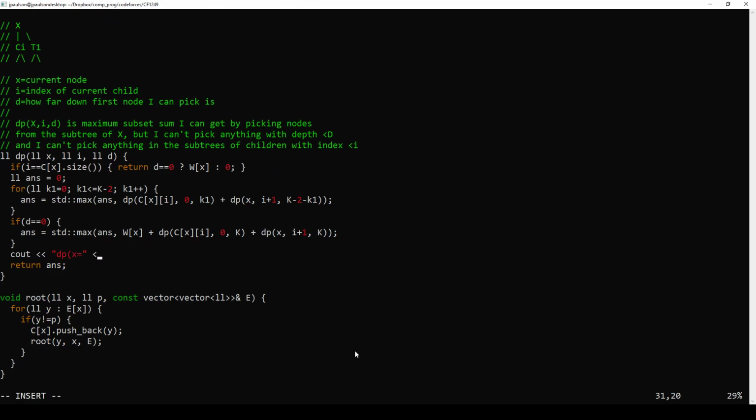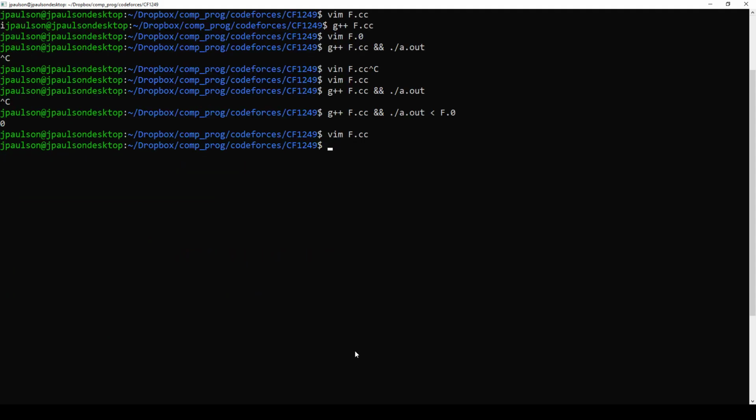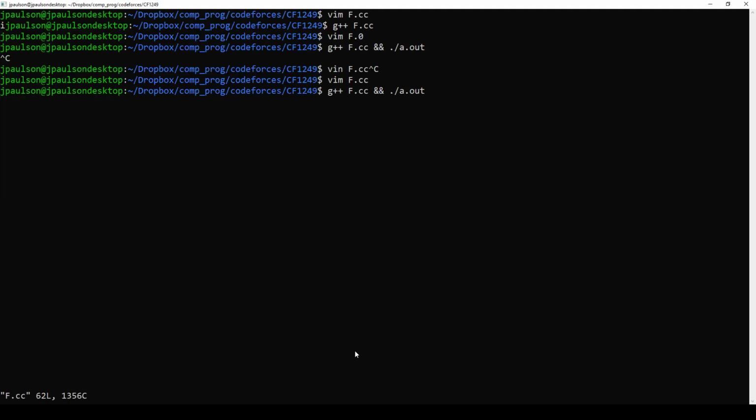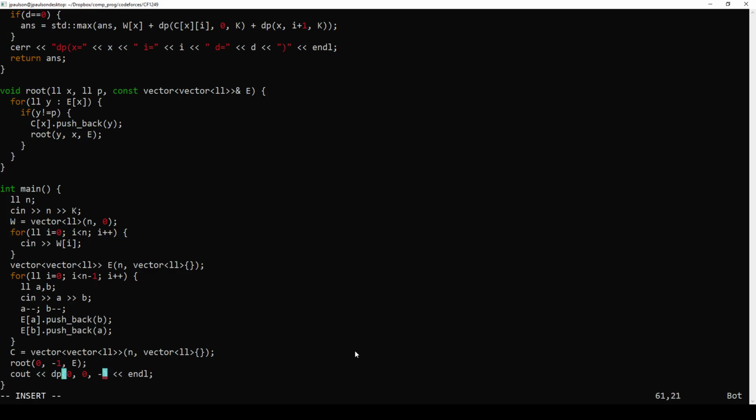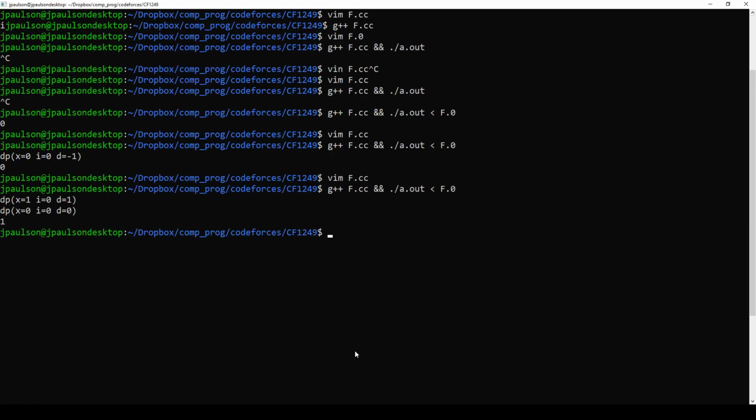So I'm just going to print it out. We got the wrong answer, so now we need to figure out what happened. So I'm just going to do some debugging. We said that we wanted to start at 0.